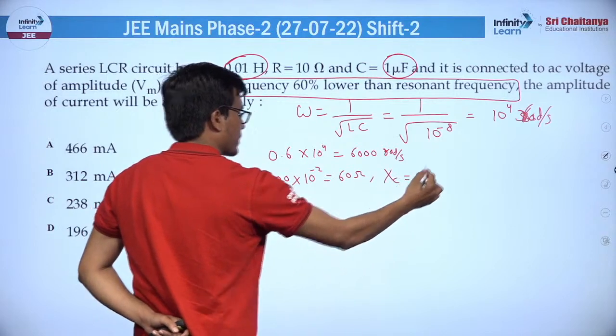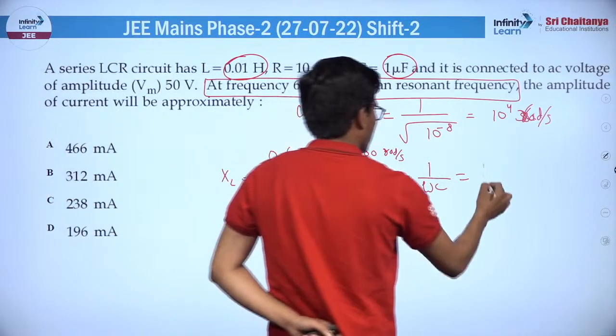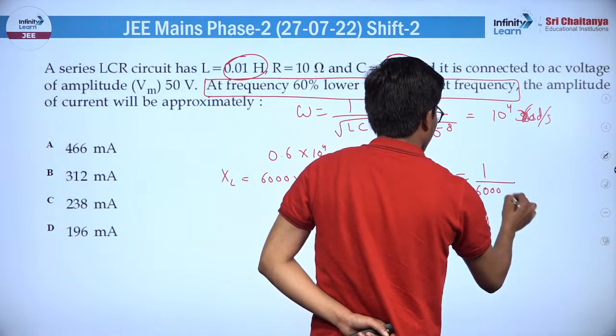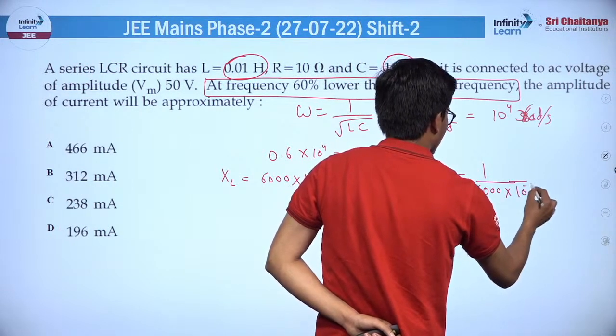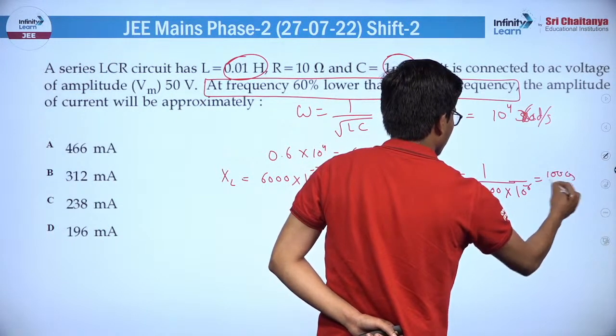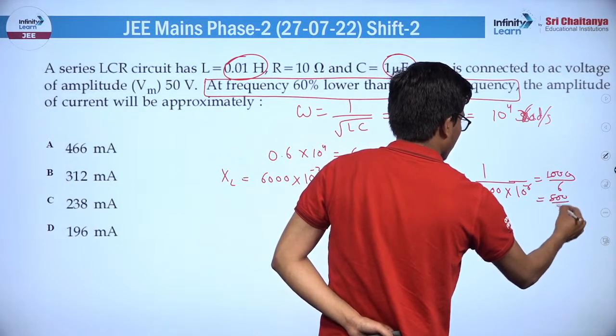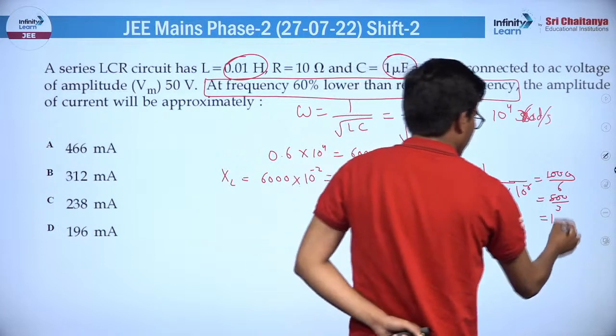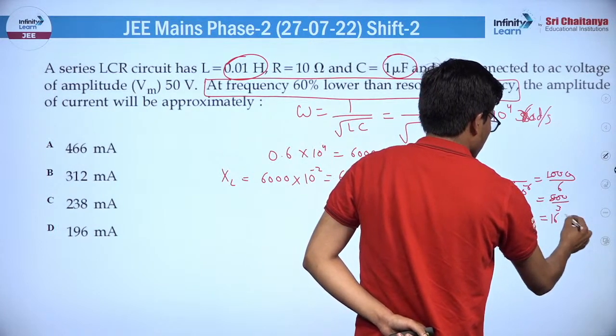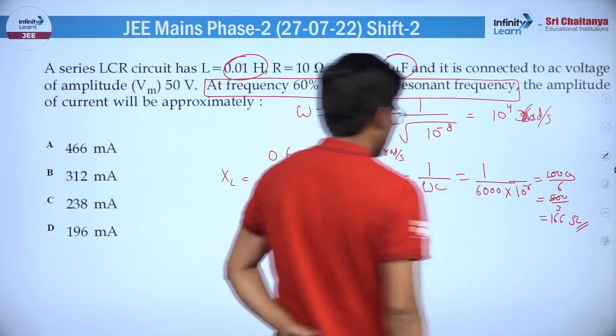I have to find new XC, that is 1 upon omega C. Omega is 6000 into C is 10 to the power minus 6, so it will be 1000 by 6, that is 500 by 3, so 166 ohm, something like this.